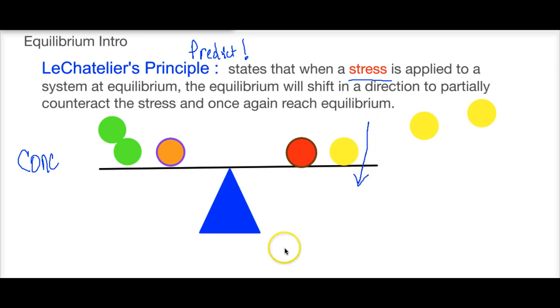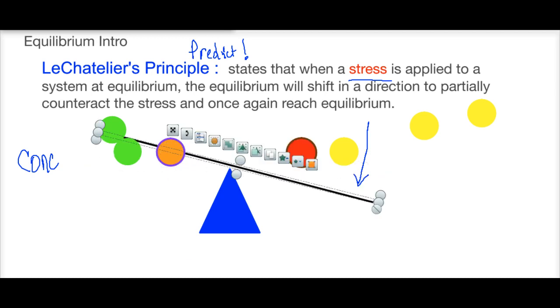So that means that the pressure on the lever is down, and everything's going to fall this way. So my reaction goes forward. Okay, so another way to really think about this is your reaction is trying to replace the yellows that you are removing. That's what the reaction is trying to do. It's trying to get back to equilibrium where it had more yellow here.